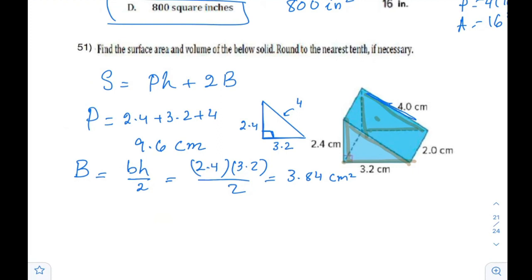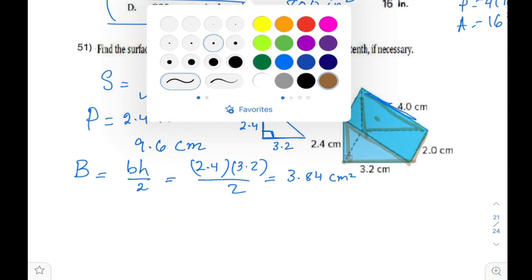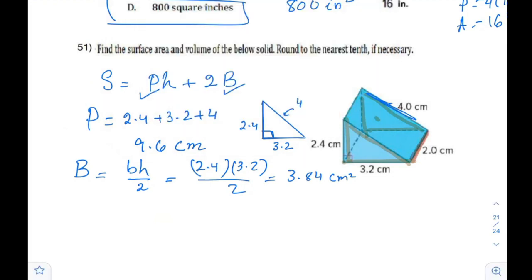What's left for us? Everything is there. Perimeter is here. Capital B is here. Height is this one. Why did we consider this the height? Because this is the distance between the two bases.